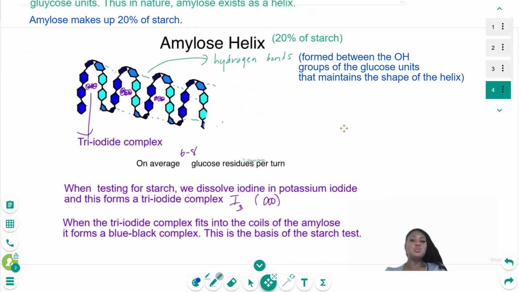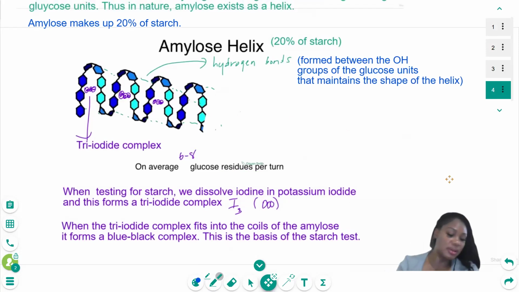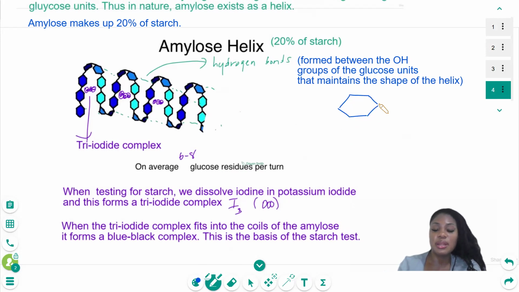Okay, so when it comes to hydrogen bonding, let me give an example. So if I have a glucose unit right here, let me not use the number 1 carbon. All right, so it has an OH. Now, the H that is attached to the O is slightly positive, and the O is slightly negative.